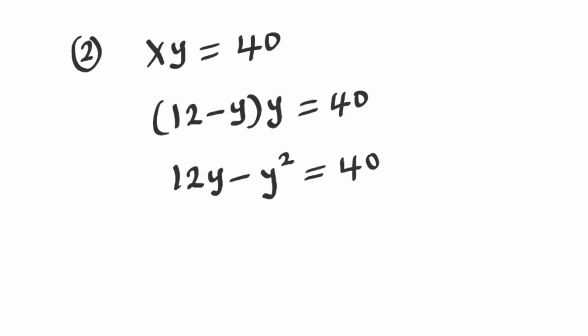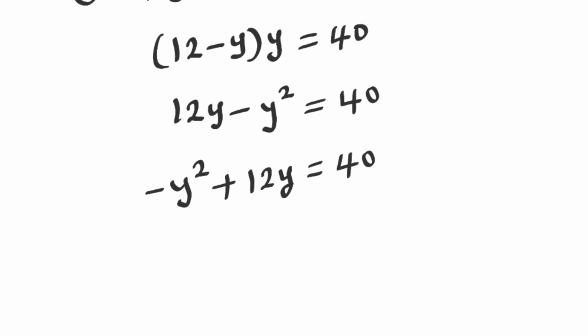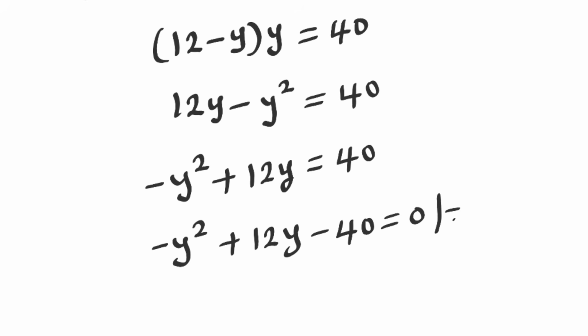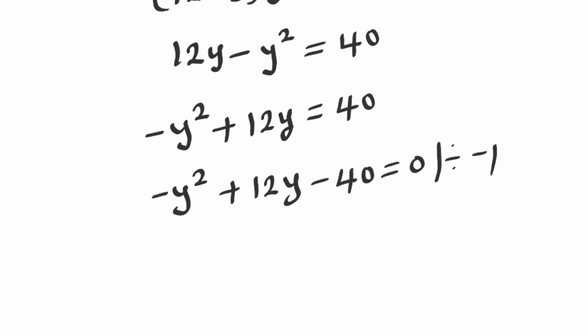This can be written as minus y square plus 12y is equal to 40. This is minus y square plus 12y minus 40 is equal to 0. Let us divide the whole of this equation by minus 1.